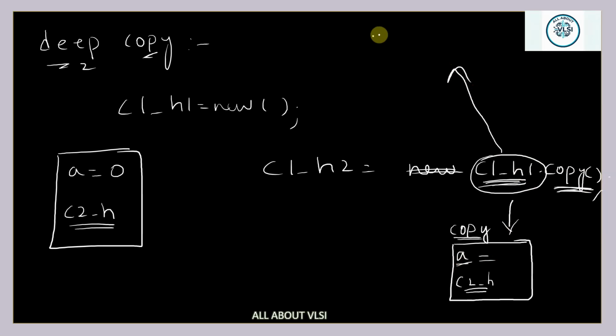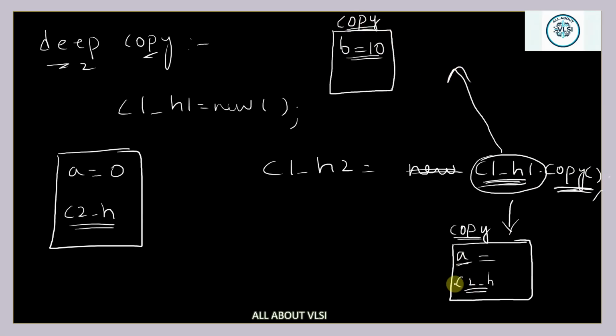This object is also named copy, and inside it we have one more property B, which has some random value, let's say 10. Now, after creating this object, it is returned.